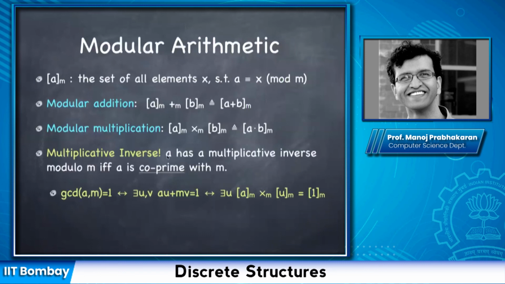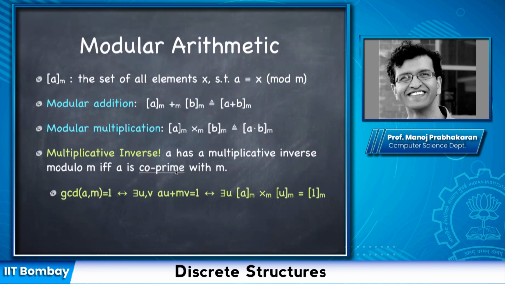But it doesn't always happen, right? Not all elements had multiplicative inverses modulo m. And when does that happen? Here is a simple characterization. An integer a, one of those elements in the column, has a multiplicative inverse modulo m if and only if a is co-prime with m. If you think of modulo 6, 5 had a multiplicative inverse because 5 was co-prime with 6.